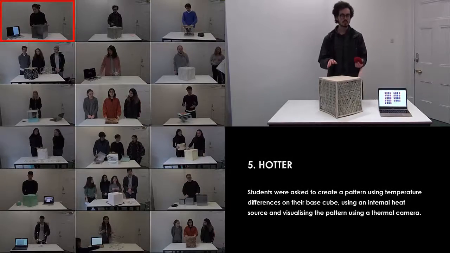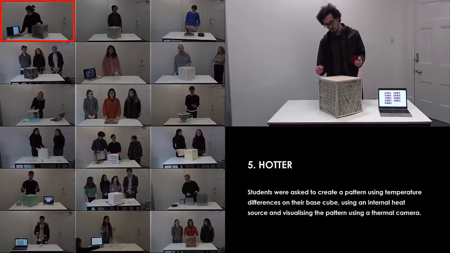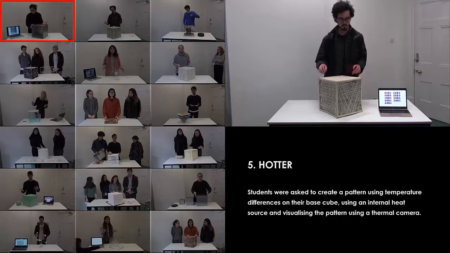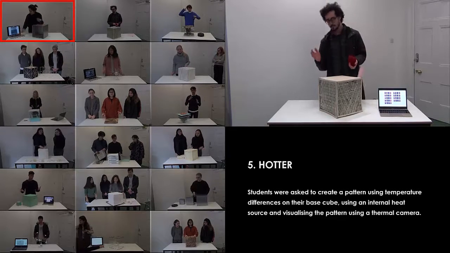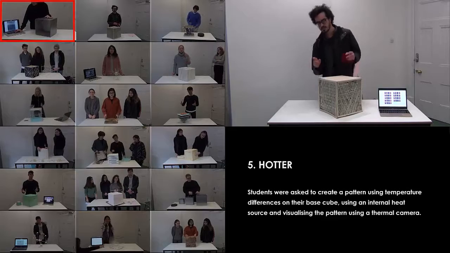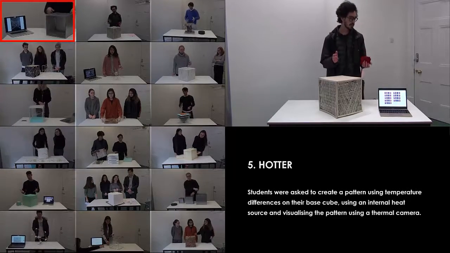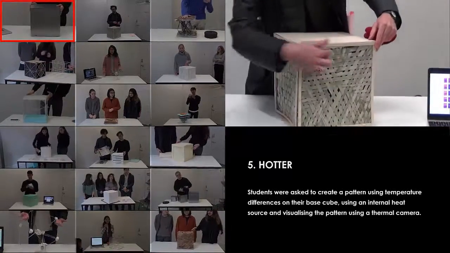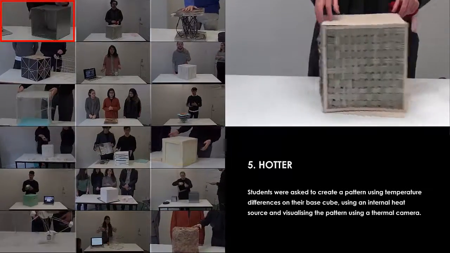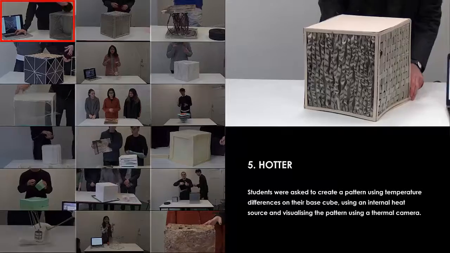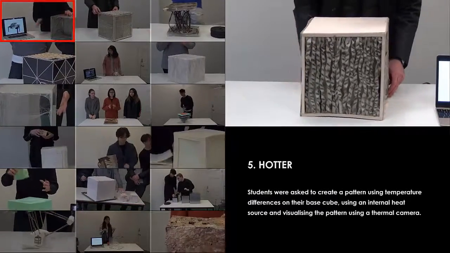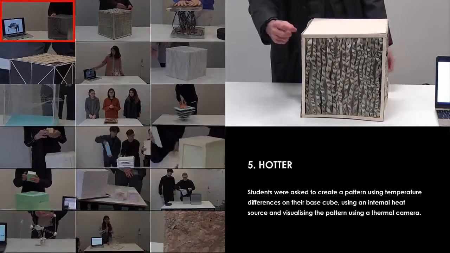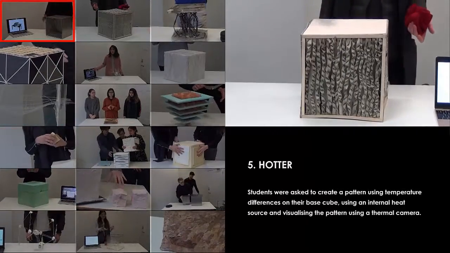This is our second cube, and the corruption is hotter and colder. In this version of the cube, we played around with the idea of thickening weaves and making new weave patterns. You can see that this one is sort of centralized, and here was our first attempt to have a three-dimensional weave that increased the thickness of the weave pattern.